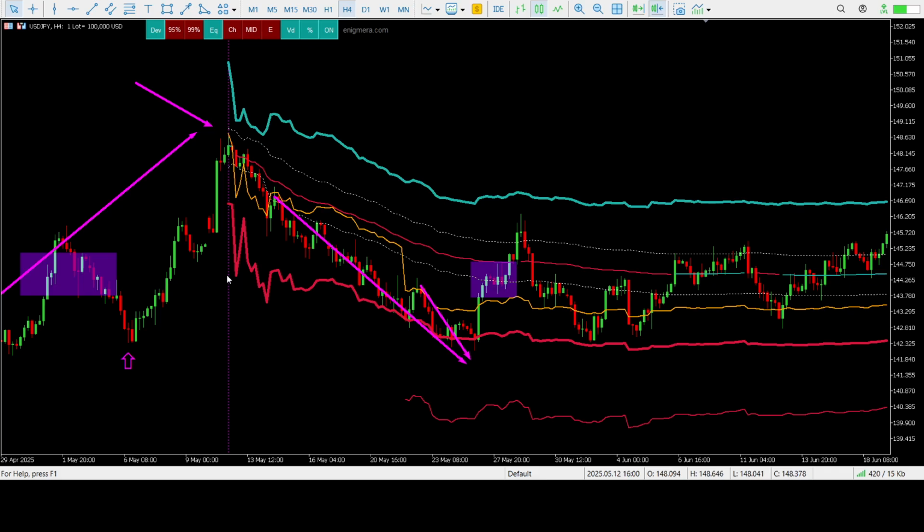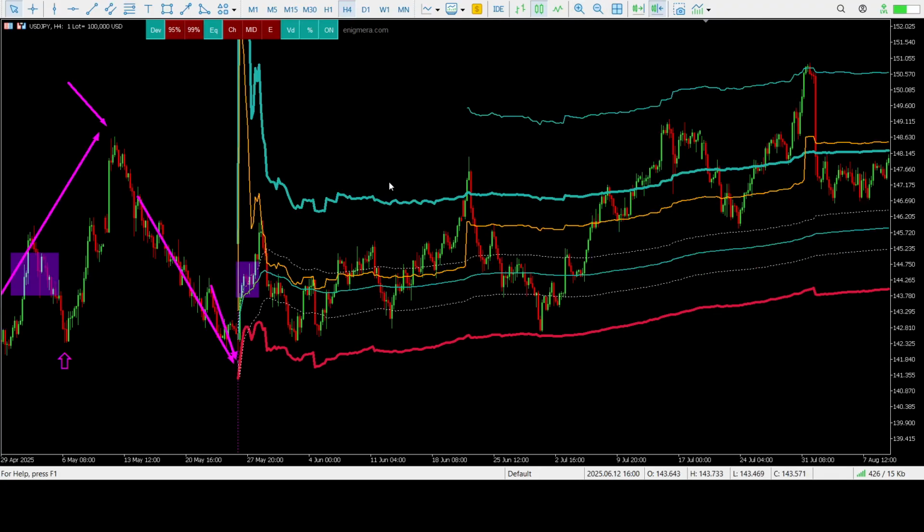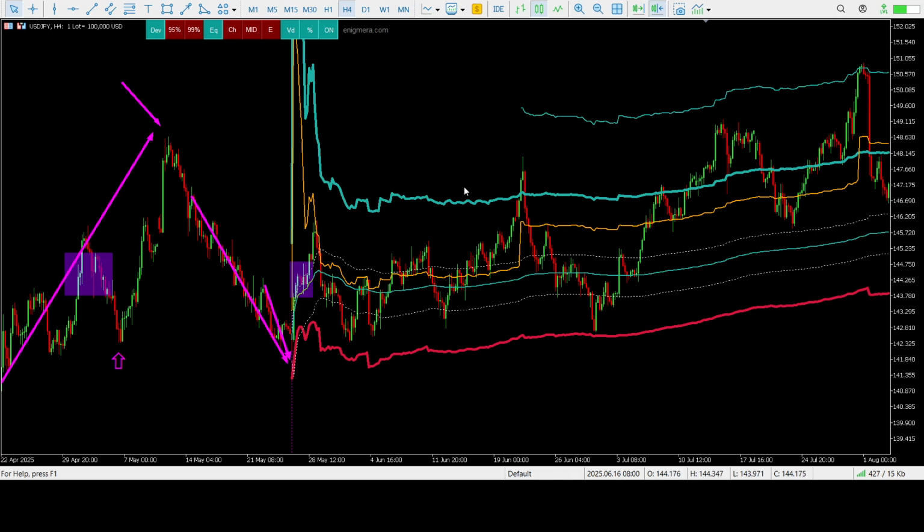In this respect, I will change the position of the vertical line again in order to estimate my next movement. Here what happened?